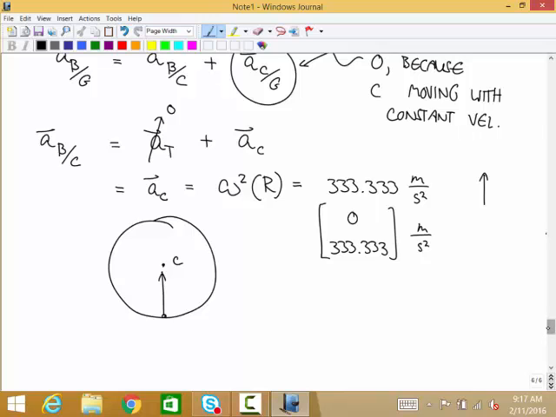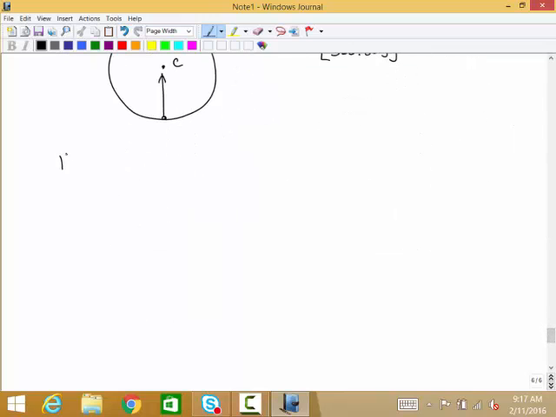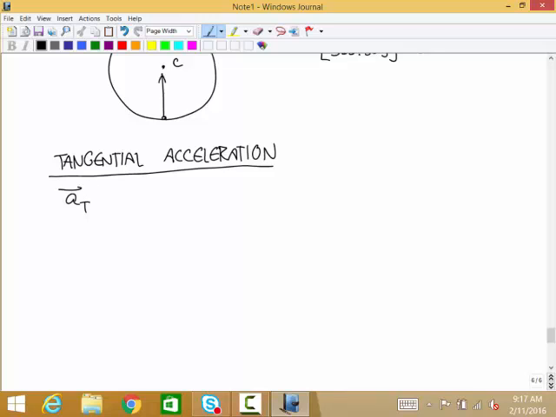Okay, and then the last thing we need to do is give an expression for the magnitude of the tangential acceleration. So the magnitude of AT is alpha times r. That's the angular acceleration times r. And this is tangent to the circle.